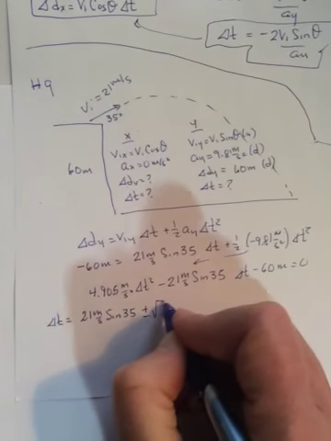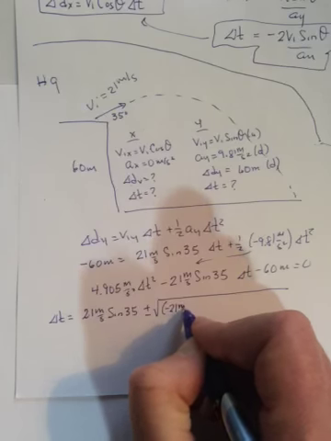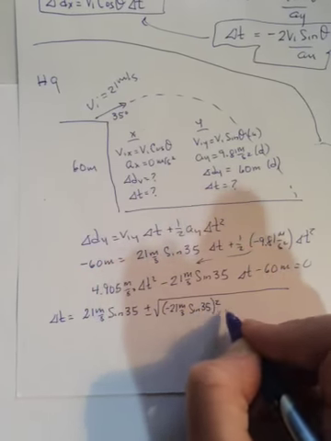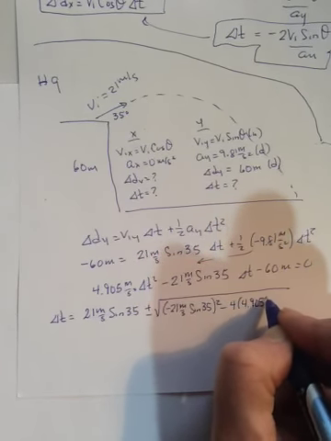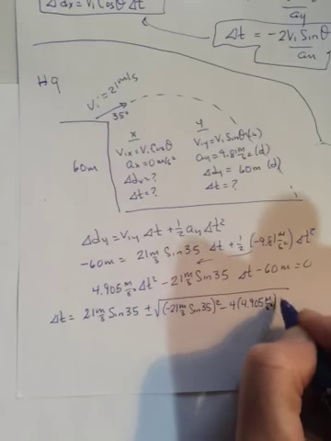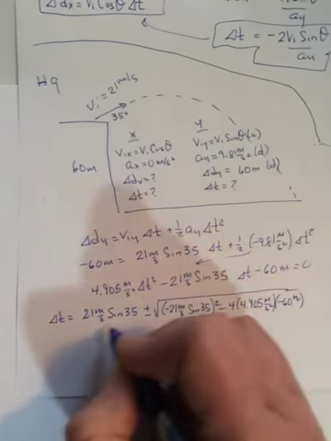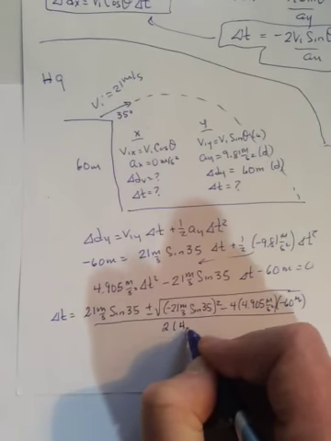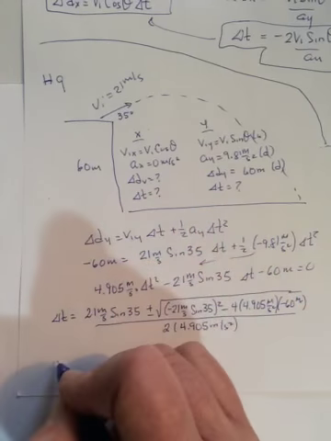And so then delta t is equal to negative of negative 21 meters per second sine of 35 plus or minus the square root of negative 21 meters per second sine of 35 squared minus 4 times 4.905 meters per second squared times negative 60 meters, divided by 2 times 4.905 meters per second squared.